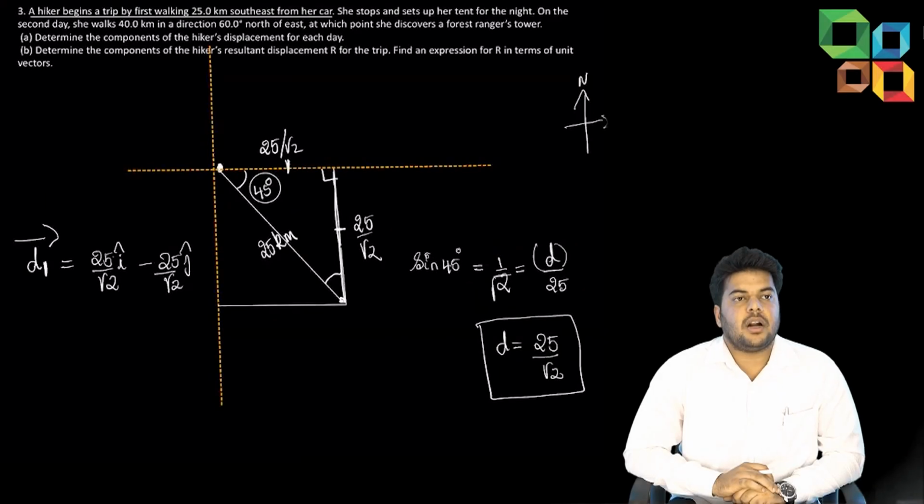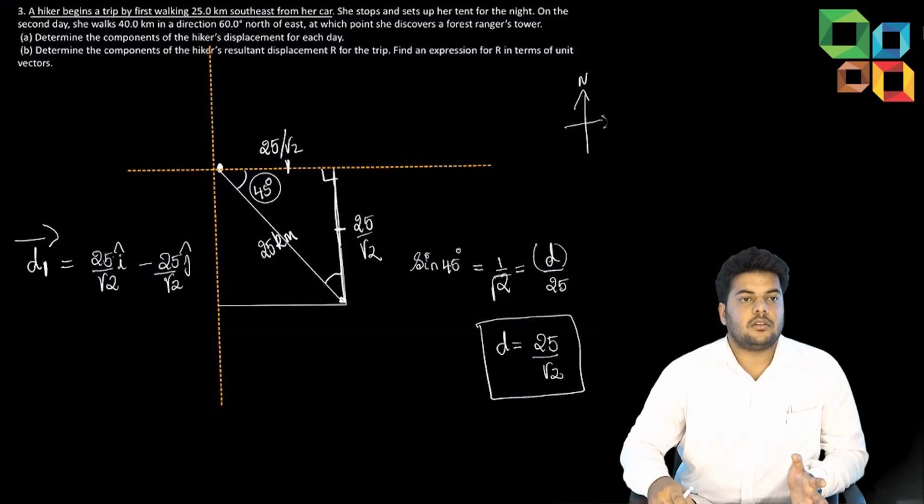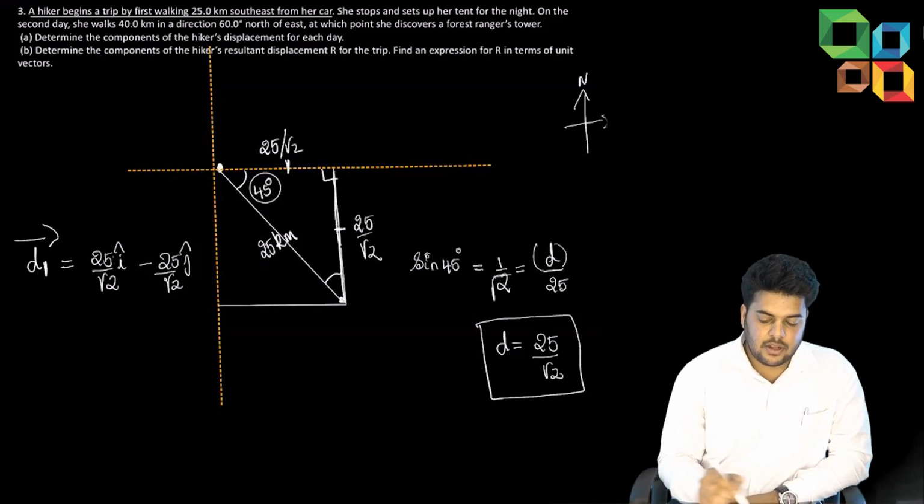So we have solved only one part of it, isn't it? Yes, Rachit. So here you see, I've written D1 vector, displacement of the first day, as 25 by root 2 I cap and minus 25 by root 2 J cap.